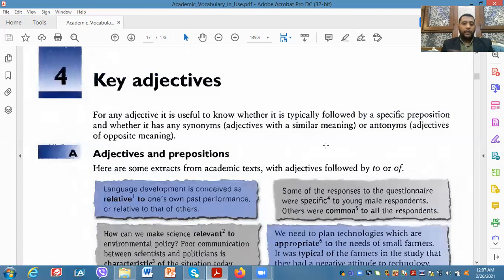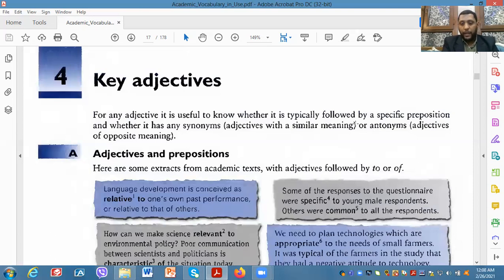If we try to put it in an example, let's say that you are a teacher and you ask your students to submit an assignment, and after a couple of days, when this assignment was done, you were very happy, very pleased with their performance, because they've done their assignment in a perfect way. So pleased is a synonym of the adjective happy.